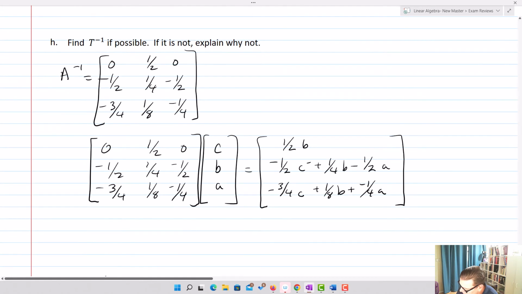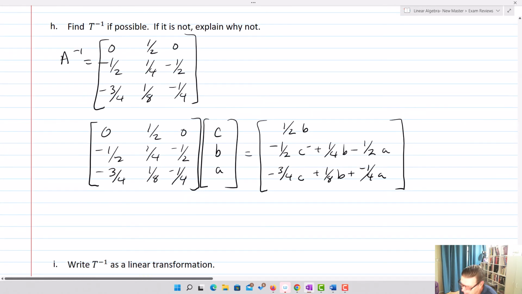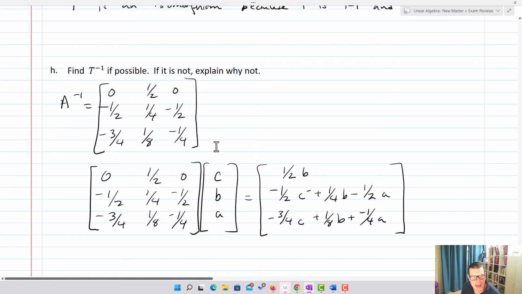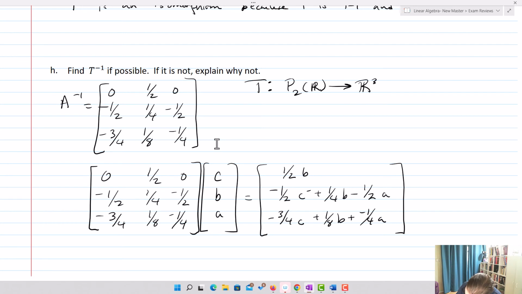And that's the transformation. All we've got to do now is turn that into a polynomial. The reason is that our transformation T went from P2R to R3, so T inverse has got to go from R3 to P2R.